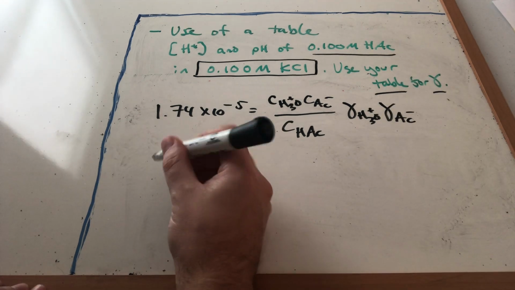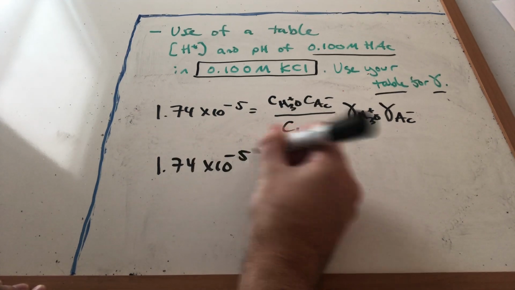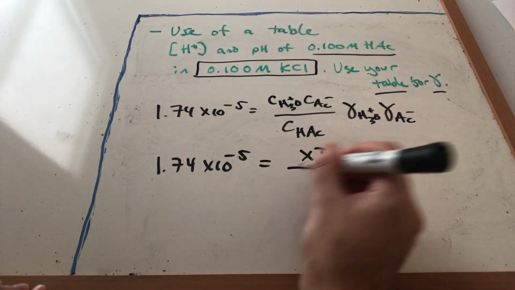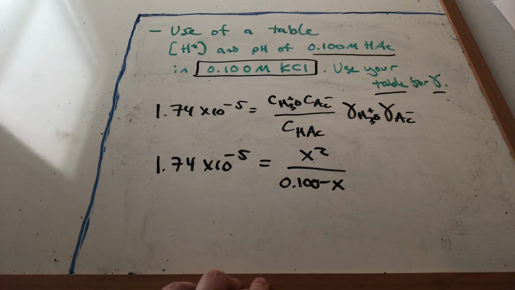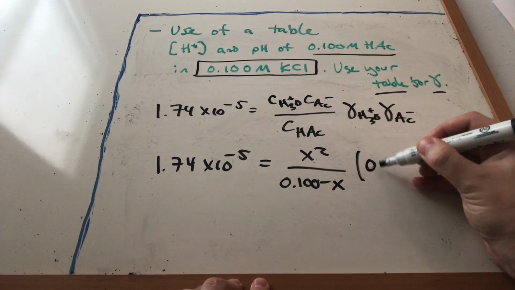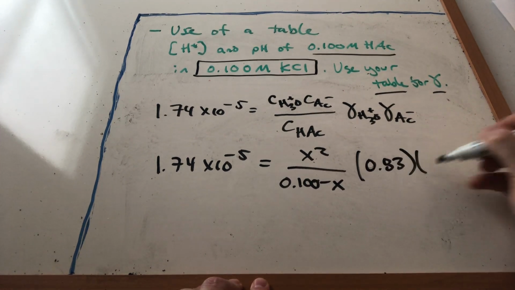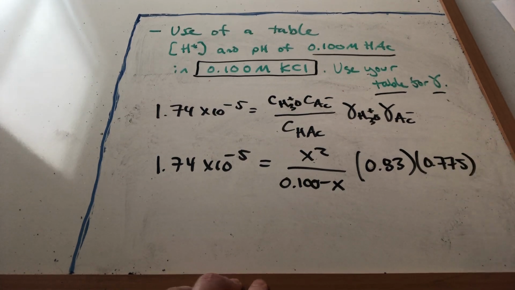So we make the same substitutions. 1.74 times 10 to the minus 5 looks like x squared over 0.100 minus x. But now my gamma for H3O plus is 0.83, and my gamma for Ac minus is 0.775.